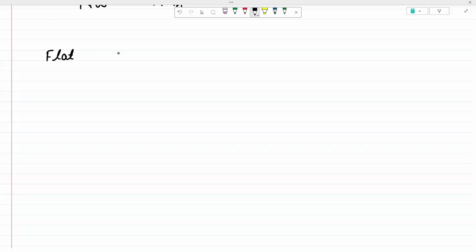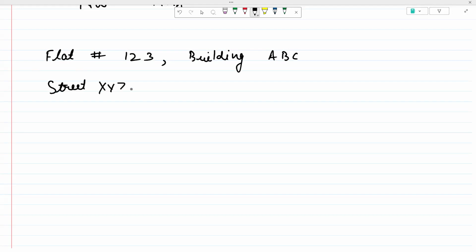Okay, flat number 123, building ABC, street XYZ, area DEF, city Pune, and state Maharashtra. So consider this house address: flat number 123, building ABC, street XYZ, area DEF, city Pune, and state Maharashtra.